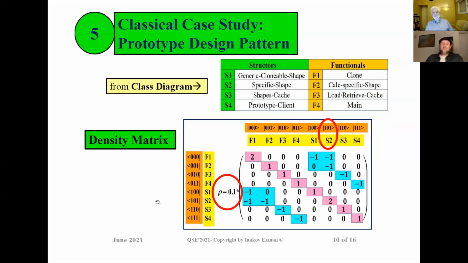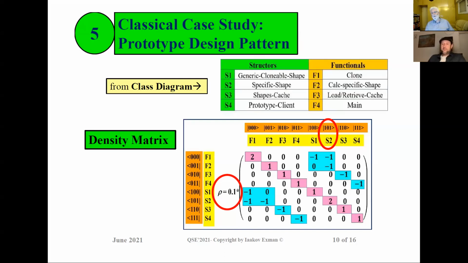The respective density matrix is as follows. The Laplacian is recognizable here. Before the Laplacian, one sees that one multiplies by 1 over 10, where 10 is the sum of the degrees in the diagonal.